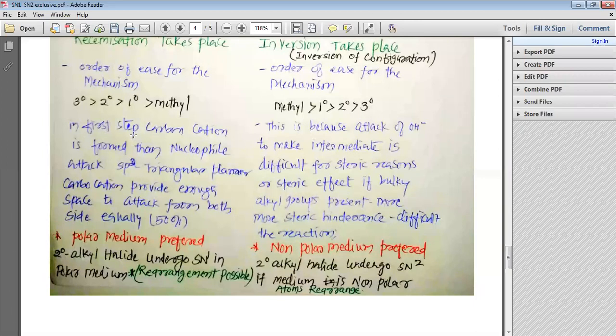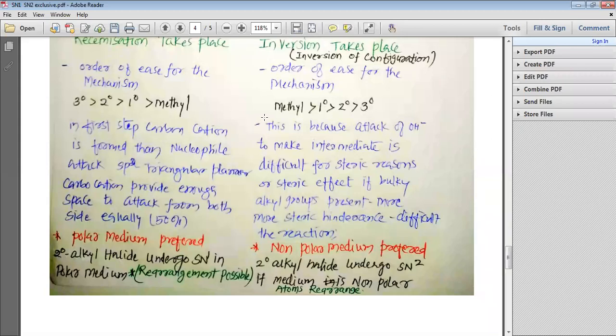In the first step, my dear students, a carbocation is formed, then the nucleophile attacks the sp2 trigonal planar carbocation, and that is why it provides enough space to attack from both sides equally, that is 50-50%, and that is why there is no inversion but racemization in the SN1 mechanism.